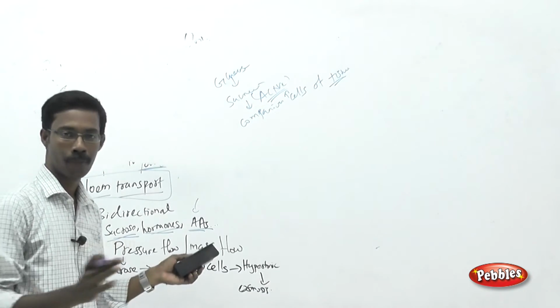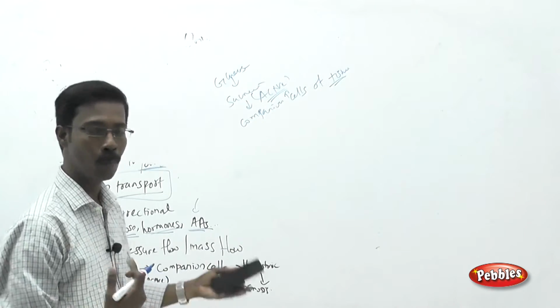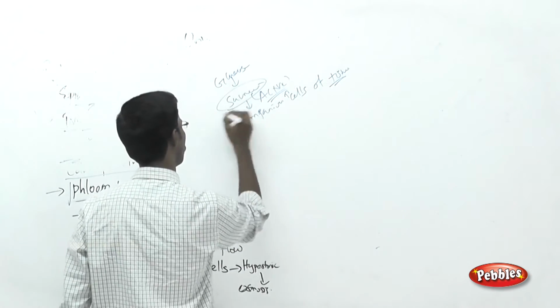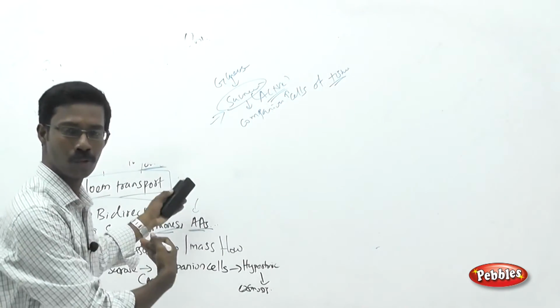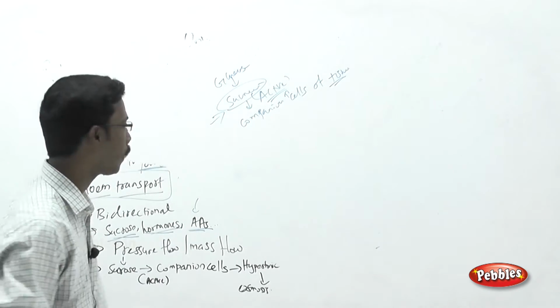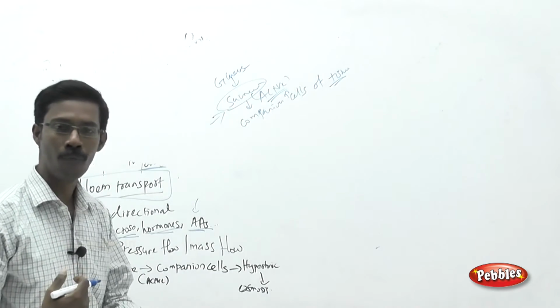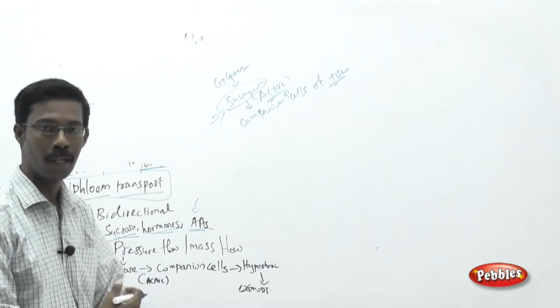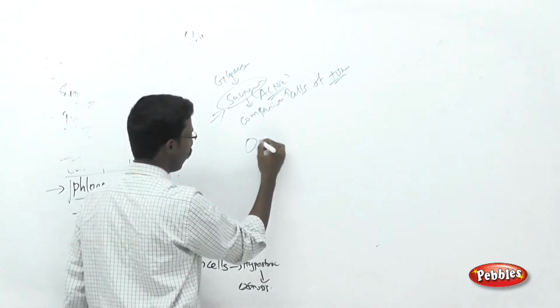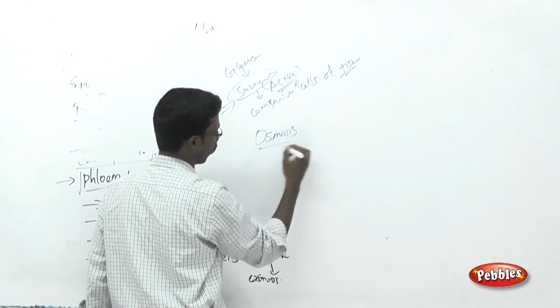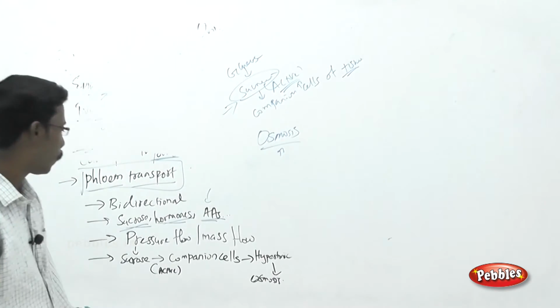So what will happen? You are removing the sucrose, which is nothing but solutes, from a place immediately by means of active transport, and this removal of solutes will create an osmotic pressure.